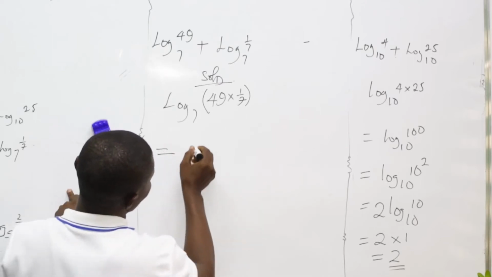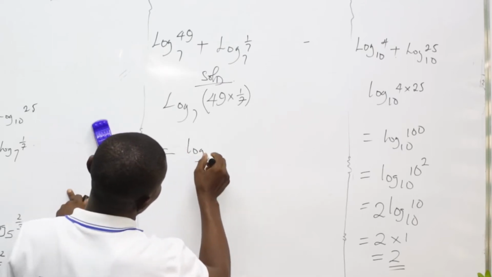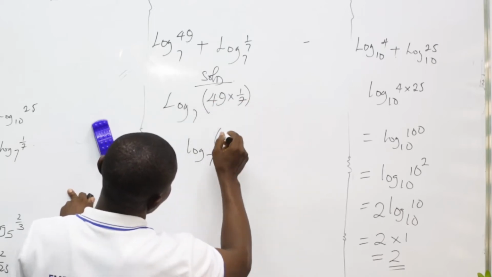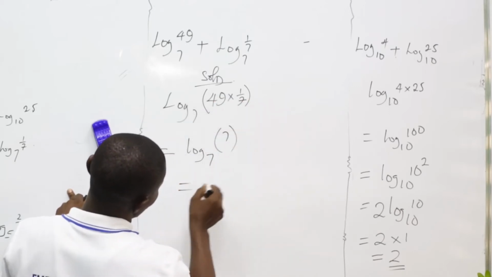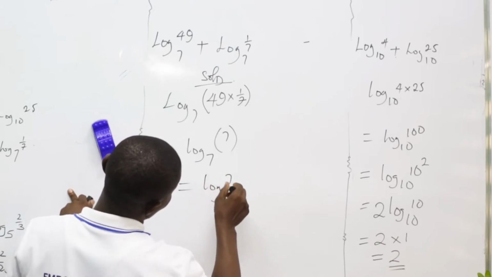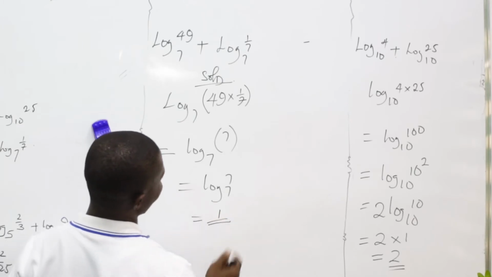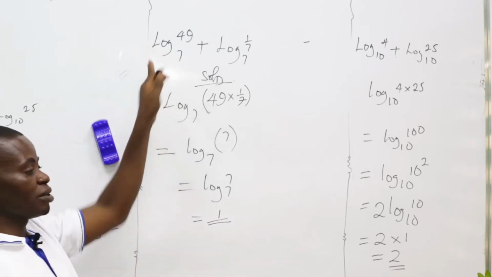This will give us log, this times this is 7, to give us log 7 base 7. So log 7 base 7 equals what? 1. So 1 is the answer to this question.